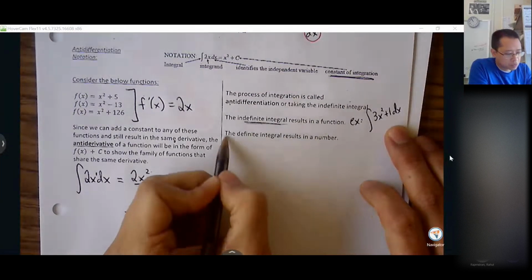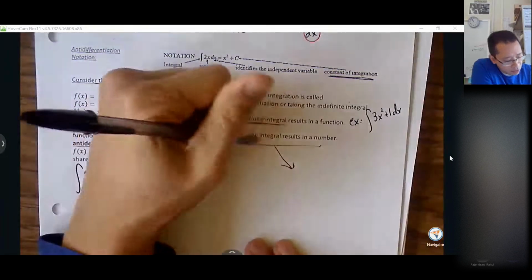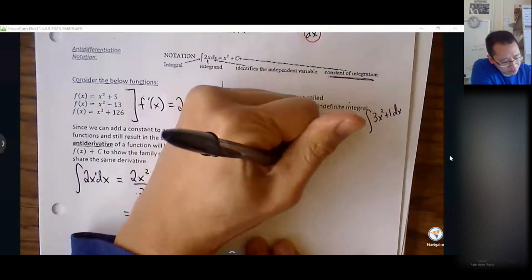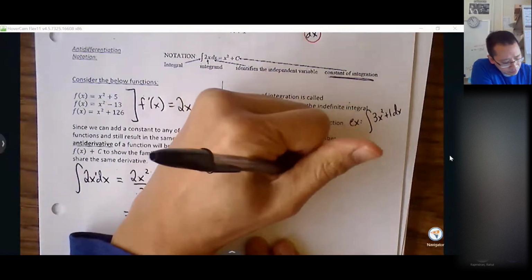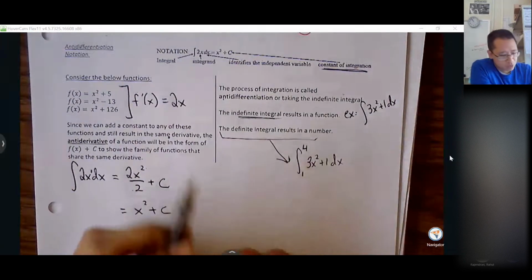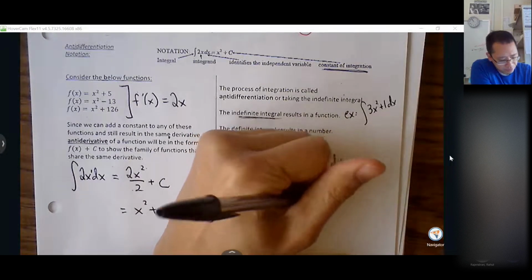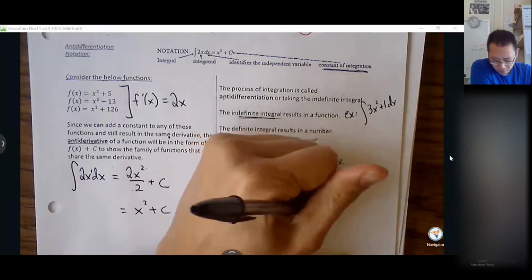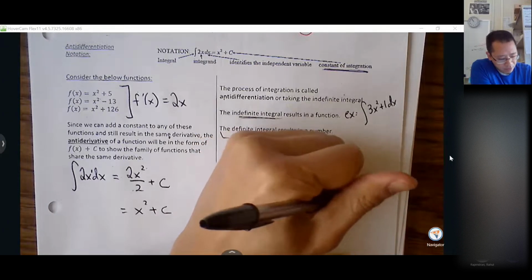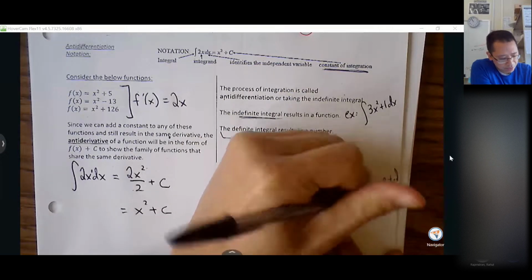Now, definite integrals, which we're going to get to after next week, are integrals where we have bounds involved. If we have bounds involved, then this will result in a value, which will be an area related value or number.